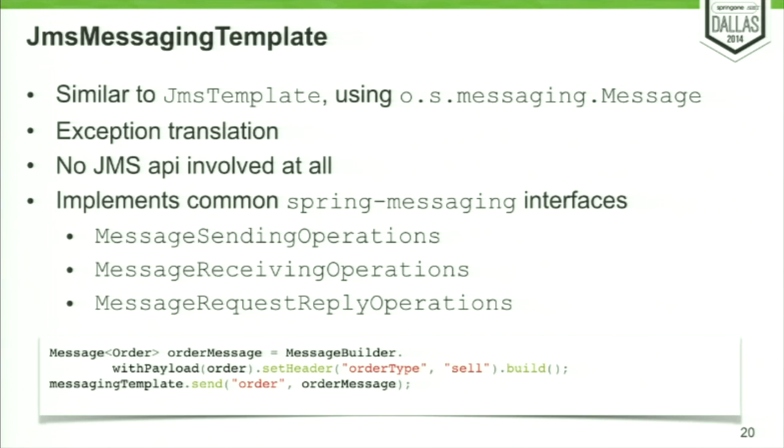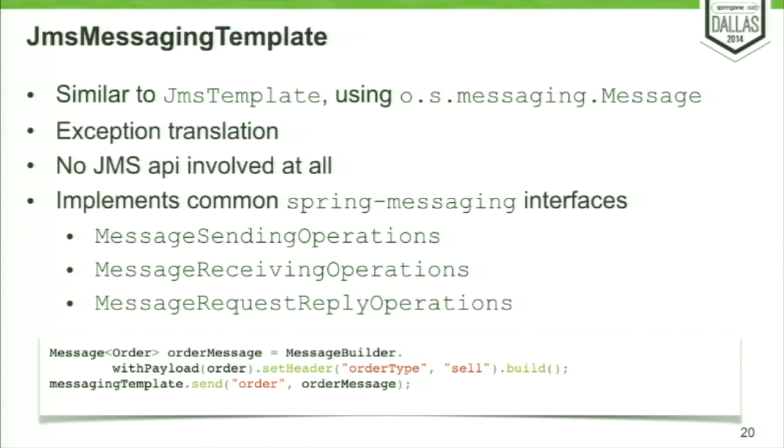It uses Spring Framework messaging types and implements common Spring messaging interfaces, such as MessageSendingOperations, MessageReceivingOperations, MessageRequestReplyOperations. At that point, it becomes an abstraction. You may interact with it through one of those interfaces. Any implementation of those interfaces will do. Whether it's JMS-based or AMQP-based, does not matter at that point.